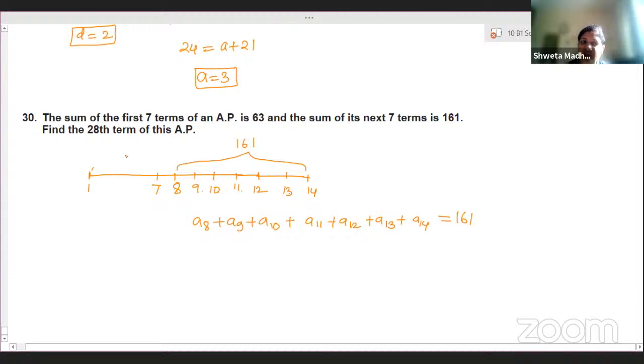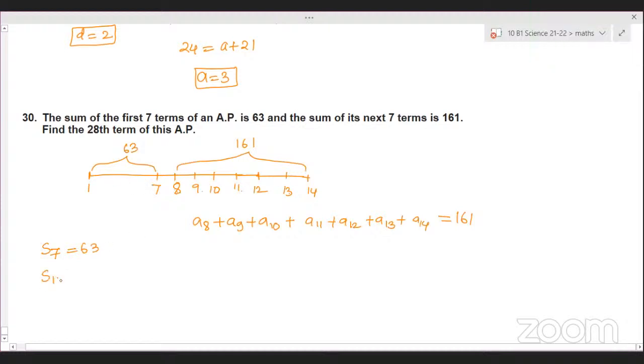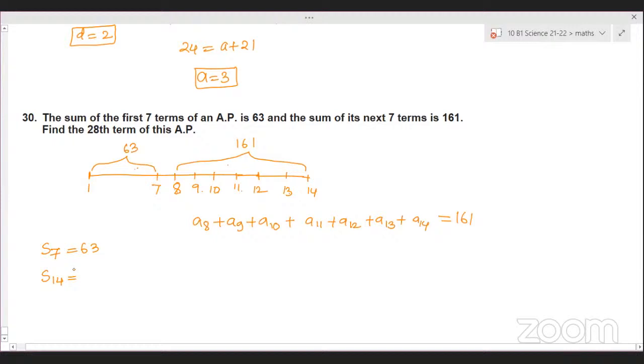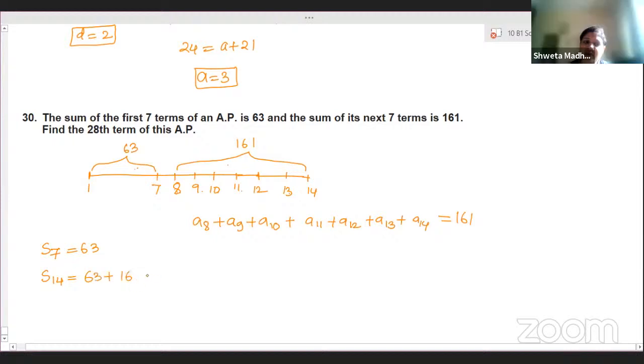And sum of the numbers from 1 to 7 is 63. So we have S7 is equal to 63. Can we find out sum of 14 terms total? That is equal to 161 plus 63, sum of all of them. These two sum is the total sum from 1 to 14. 63 plus 161.